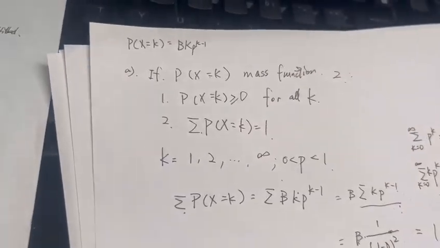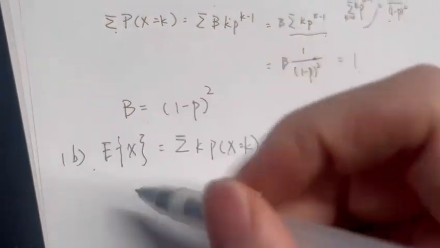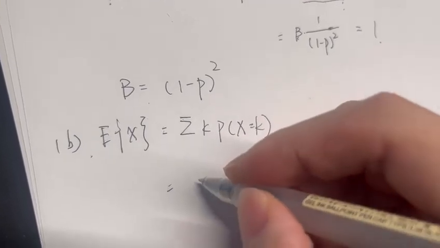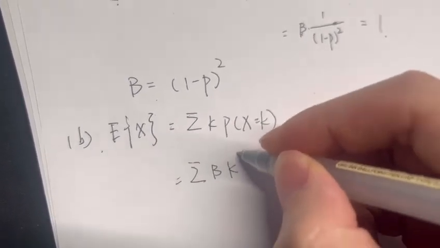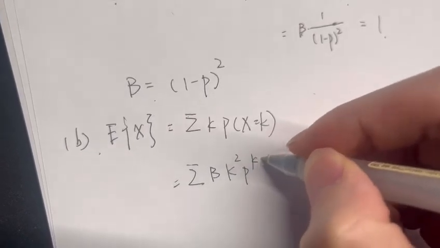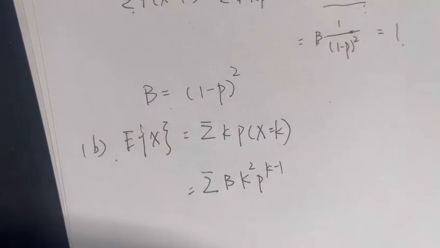We can put the equation defined by the question right in, so it will become the summation of b times k squared times p to the power of k minus 1.